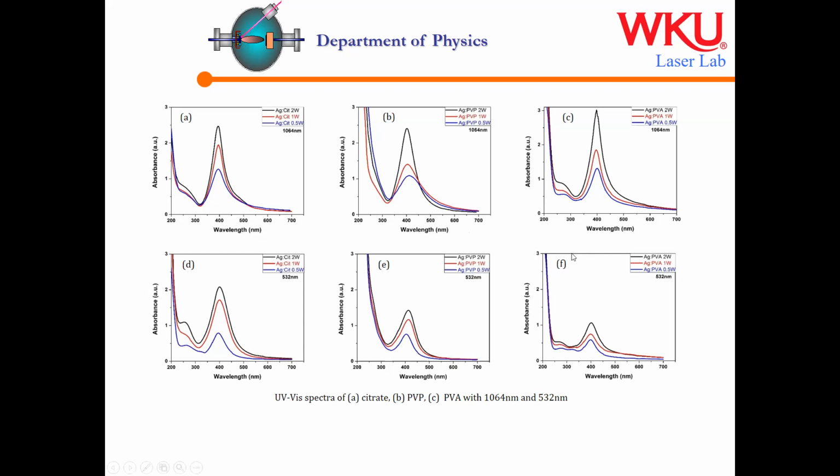This broader absorption becomes narrower when we use the 1 watt. This supports our TEM measurements. In the TEM measurements, when we increase the power, it slightly increases the size of the particles. In addition, our silver nanoparticles have a more uniform size distribution at 2 watt compared to 1 watt.